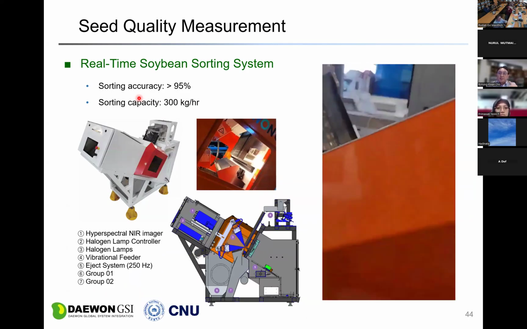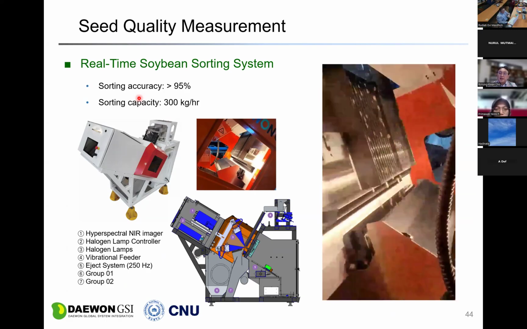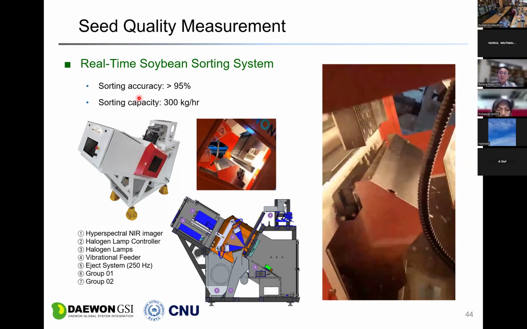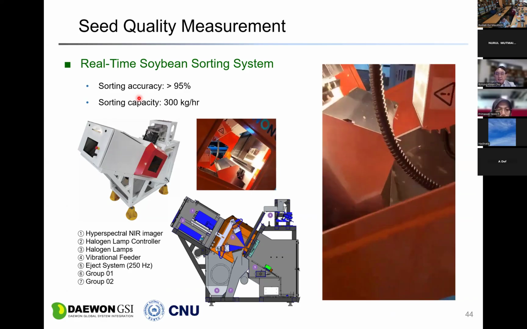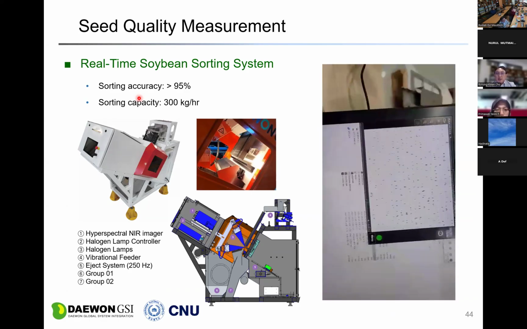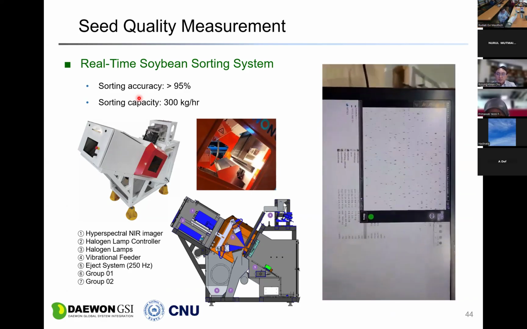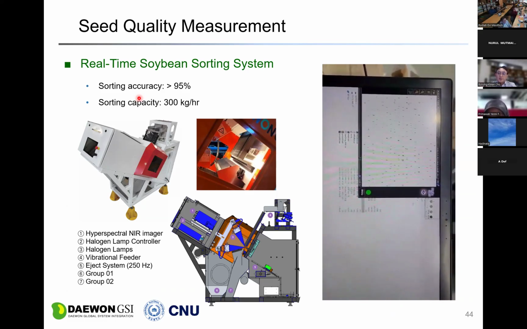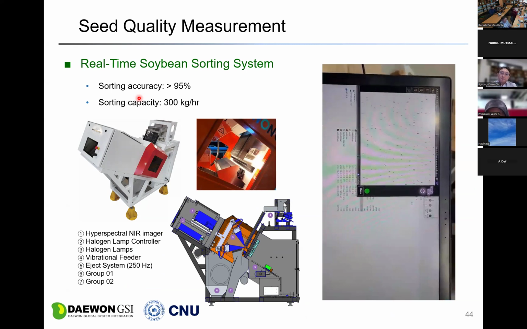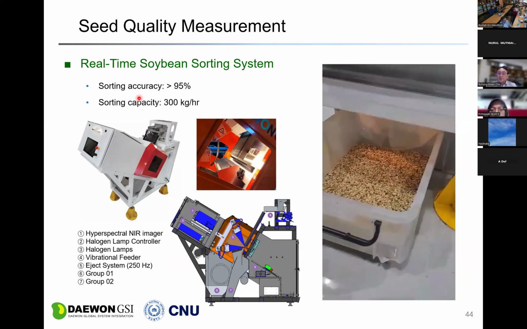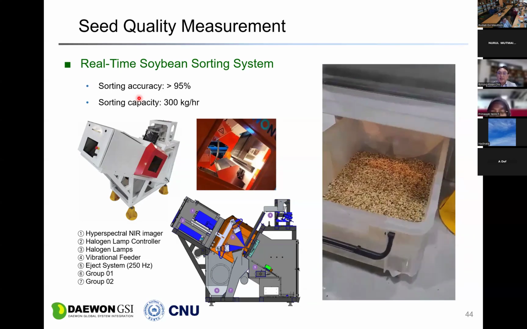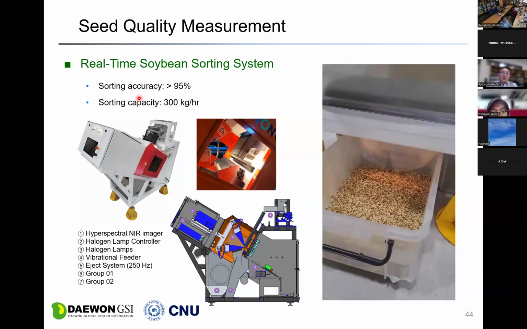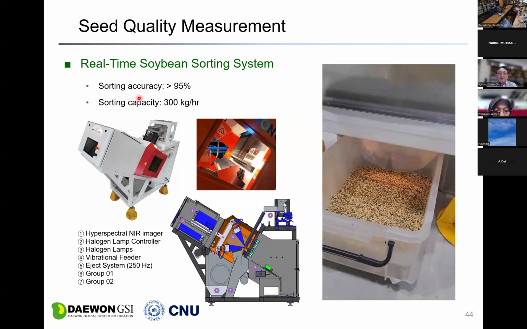While the soybean is dropped, we take very fast hyperspectral images, and then we classify the soybean seed using compressed air. We just shoot the soybean to classify the soybeans based on protein content. That is a real-time soybean sorting system.